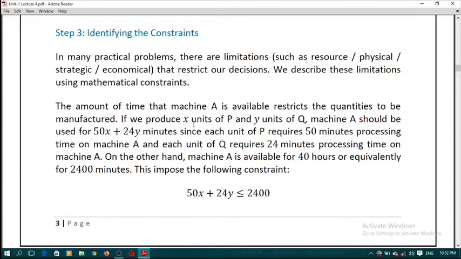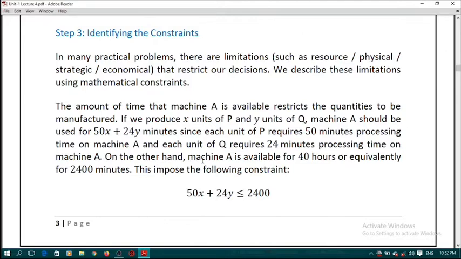If we produce x units of P and y units of Q, machine A should be used for 50x plus 24y minutes. Since each unit of P requires 50 minutes processing time on machine A and each unit of Q requires 24 minutes processing time on machine A.